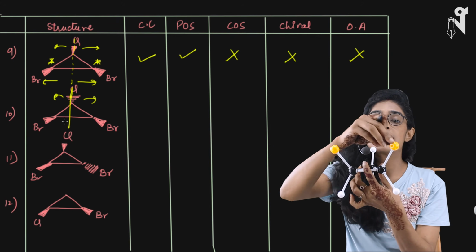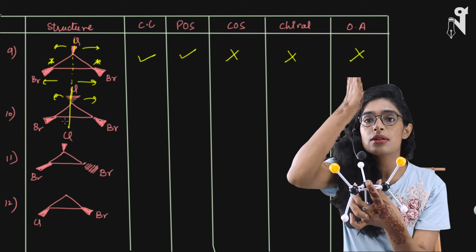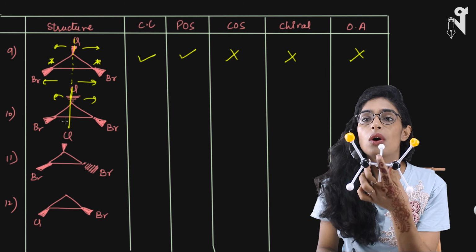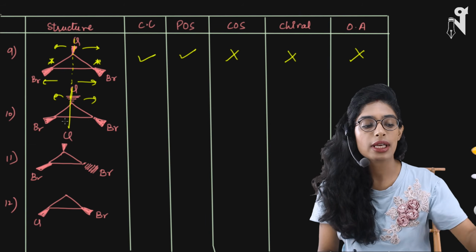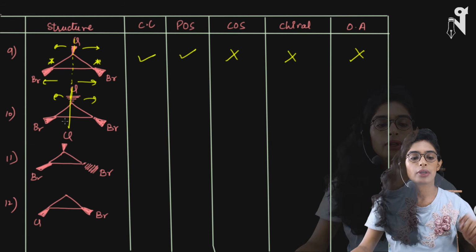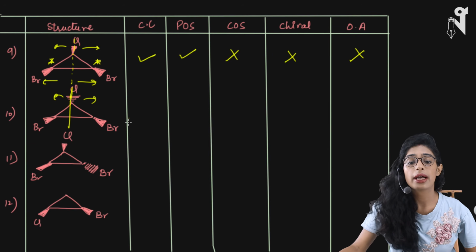One bromine completely this side, one bromine completely on the other side, and dividing it with this vertical cut will break this molecule into two equal halves which are mirror images of each other. Hence this possesses POS. Chiral centers, yes. POS, yes. COS, no. Chirality, no.